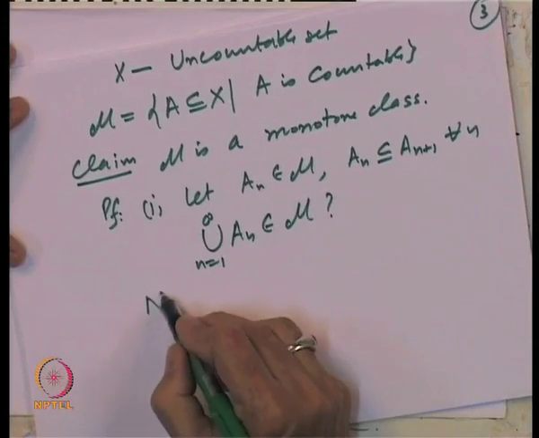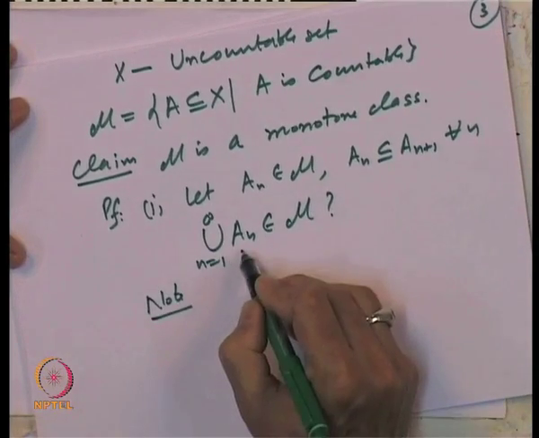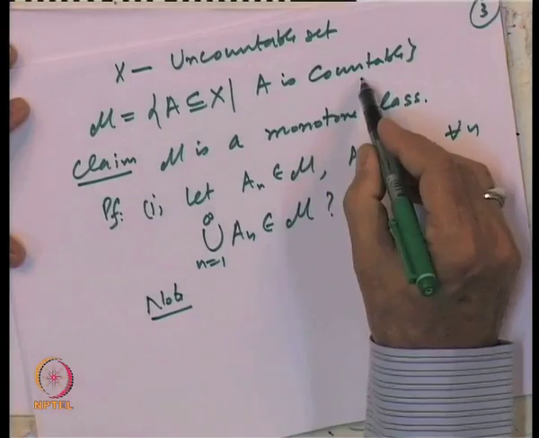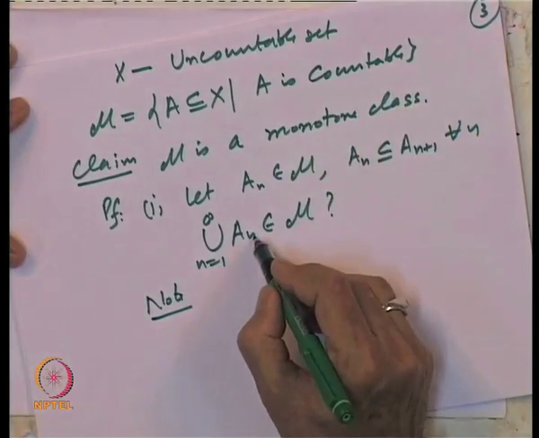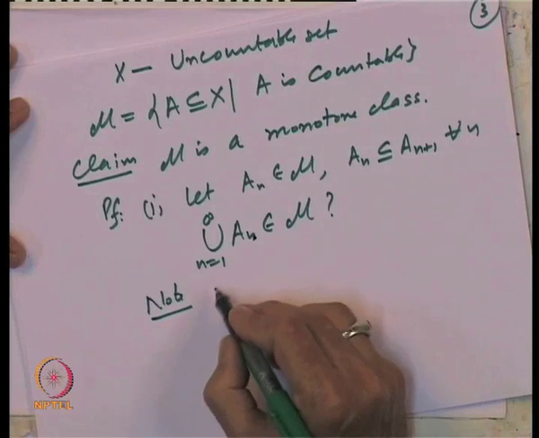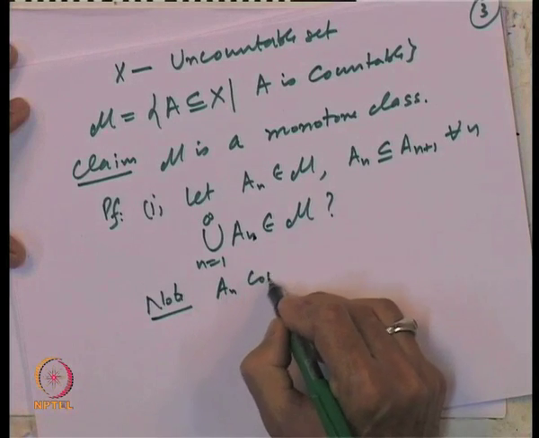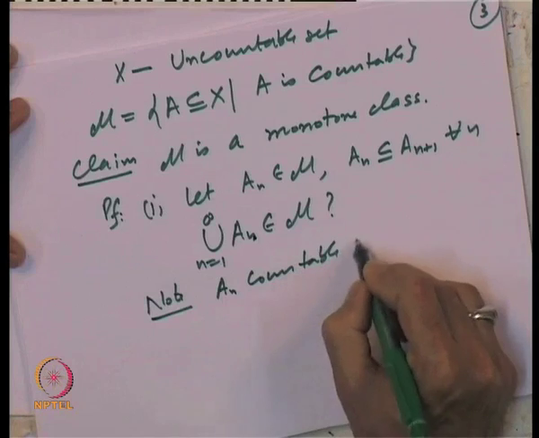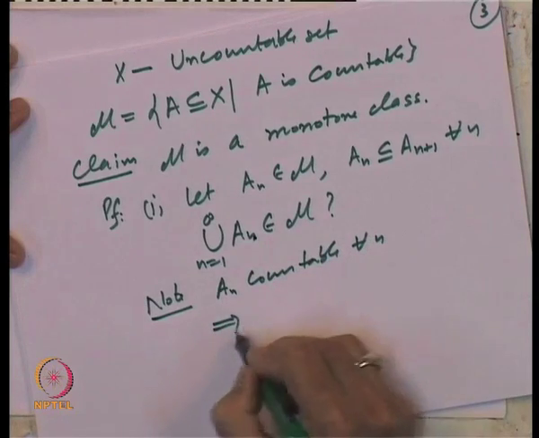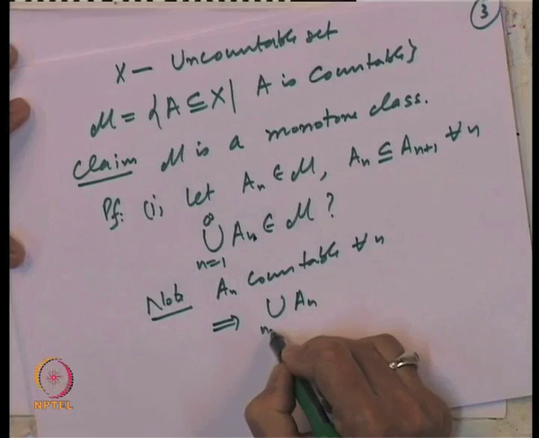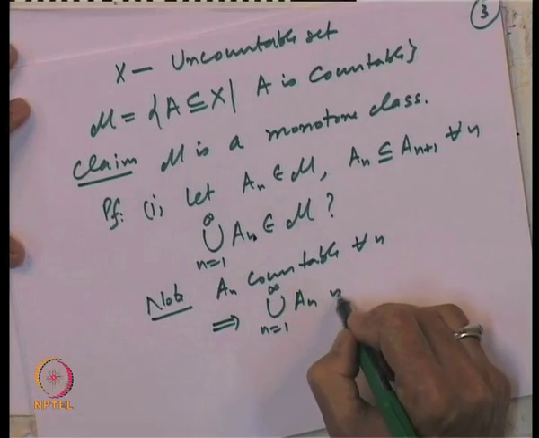But let us note, to check that the union belongs to M, we have to show it is a countable set. Now, each A_n is given to be an element of M, that means each A_n is countable, for every n, which implies the union of A_n is also countable.